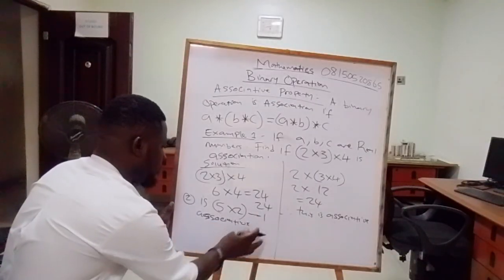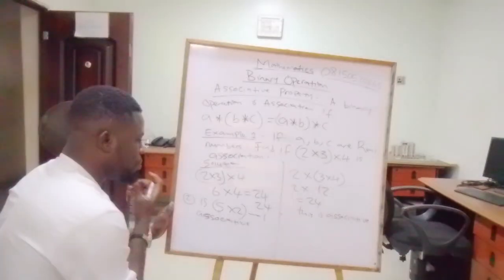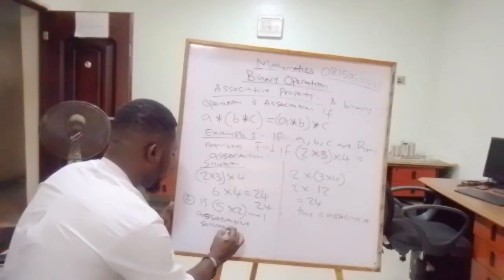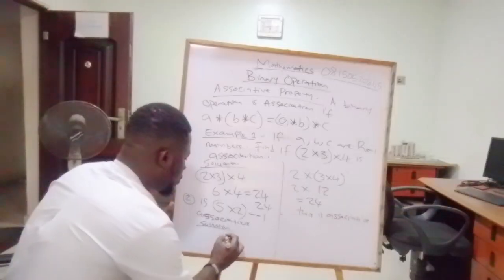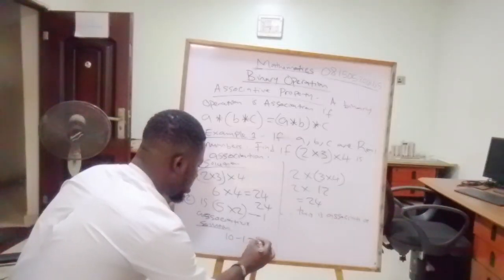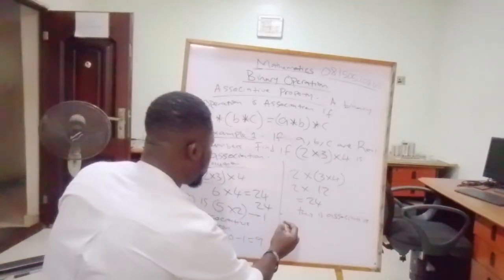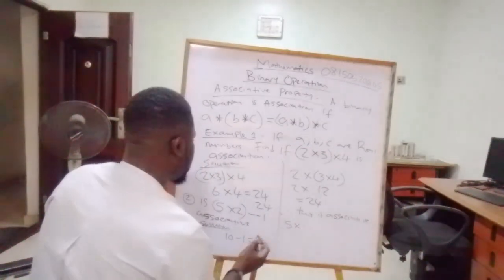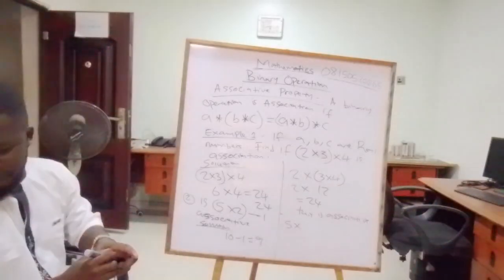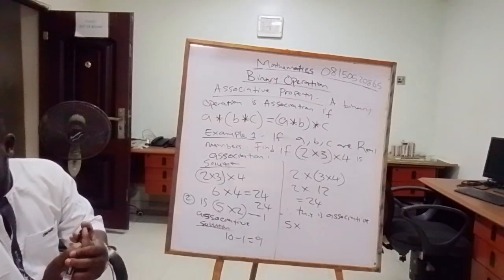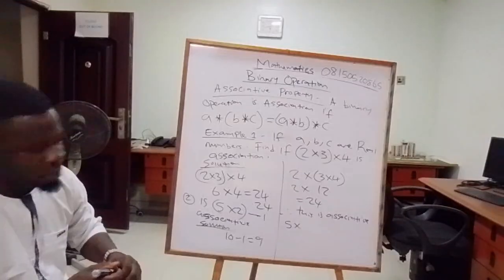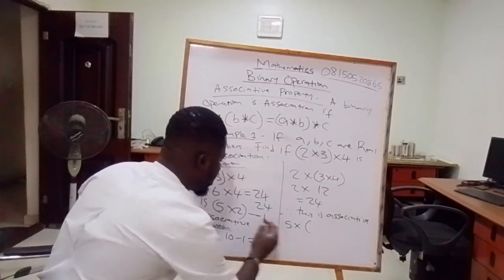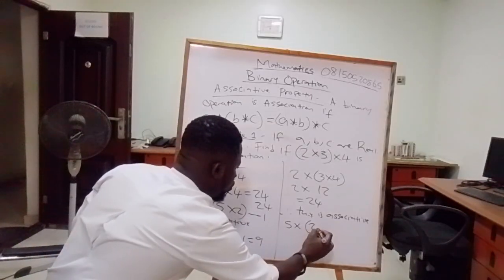Let's see. That means we will now check. This will give us solution. That's 5 times 2, that will be 10 minus 1, which is 9. In the other way, you'll be having 5 times bracket, since this is the operation there, 2 minus 1.